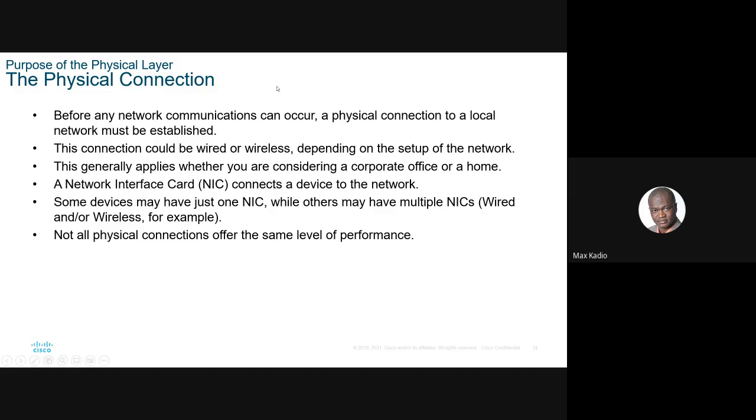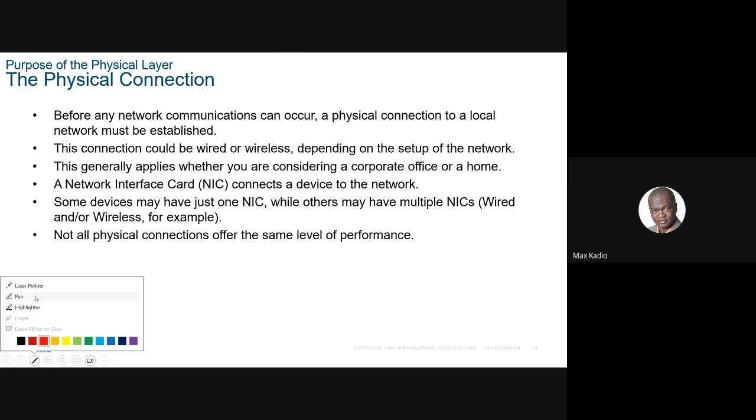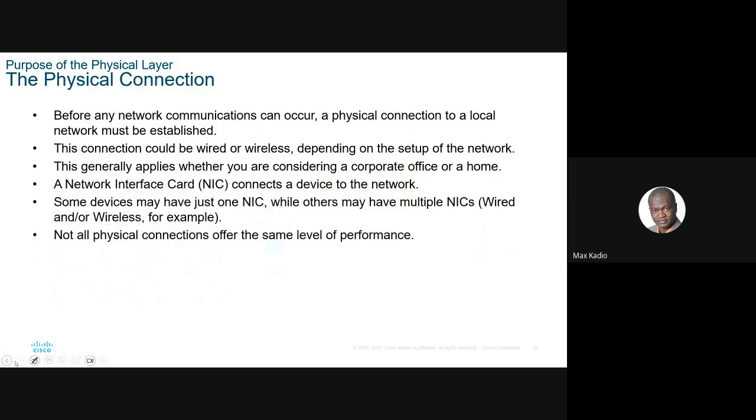So if you have a PC that needs to connect to the internet, that PC should have a network interface card. So the connection should be wireless or network cable.